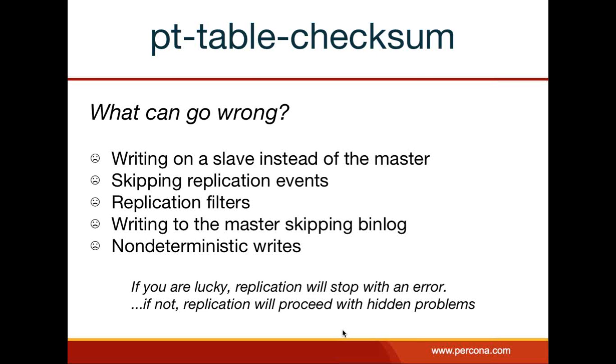So if you're lucky, replication will stop with an error. But if not, you will just continue to work with hidden problems, and you will probably find out at the worst possible moment, like a slave becoming a master or something like that.